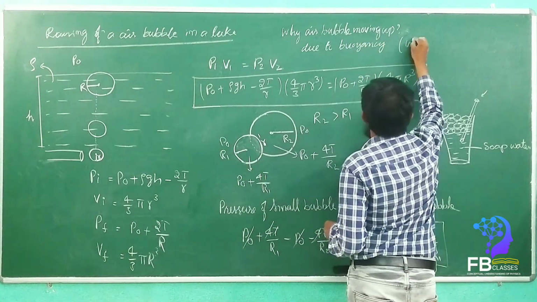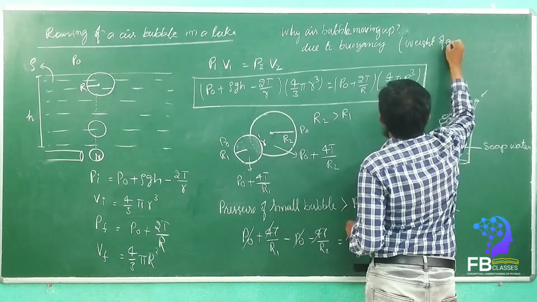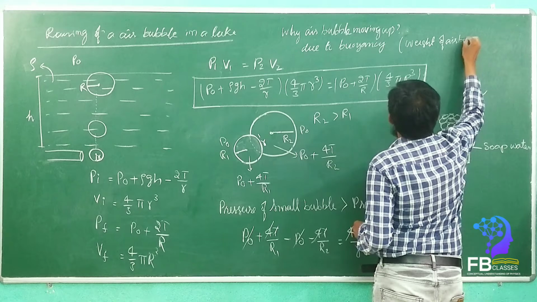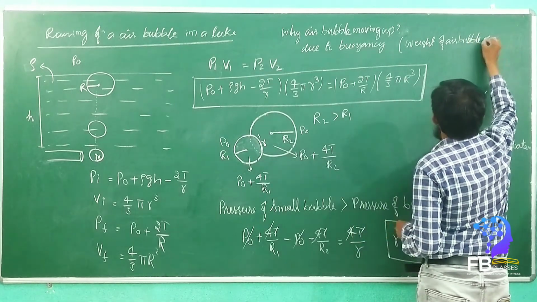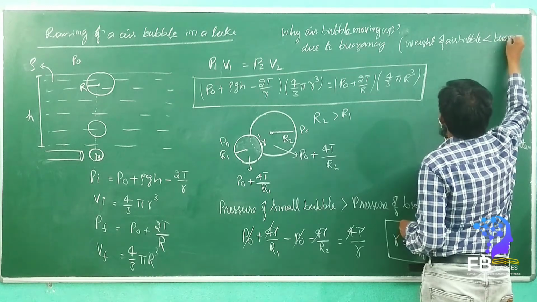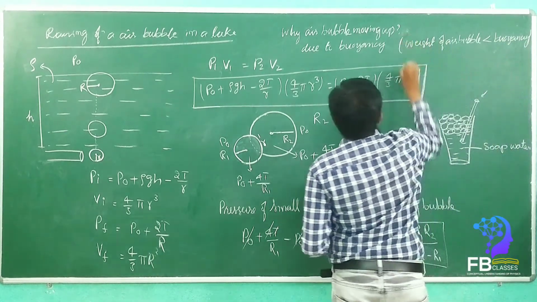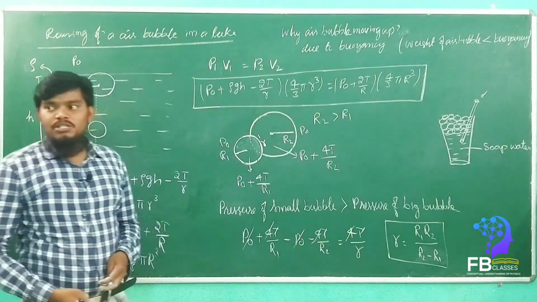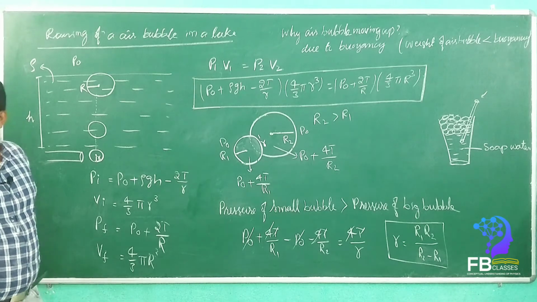That means the weight of the air bubble is less than the buoyancy. Are you getting my point? So this is the conceptual understanding. Can you please make a note of it? Then we can continue our lesson.